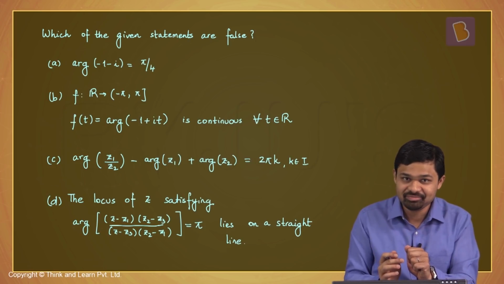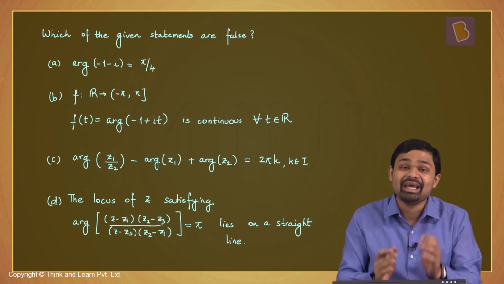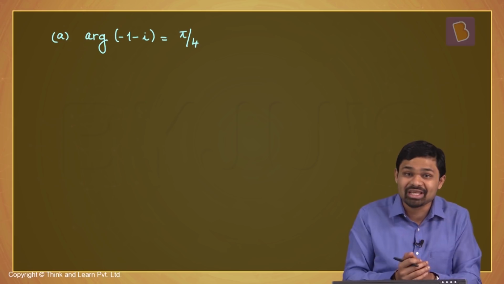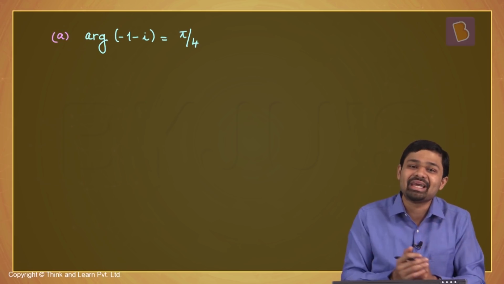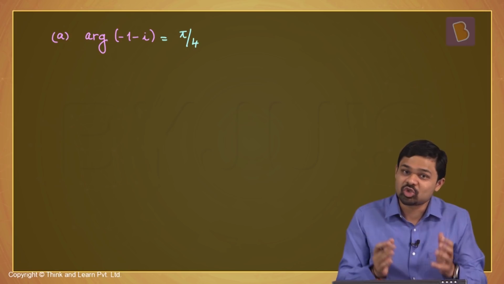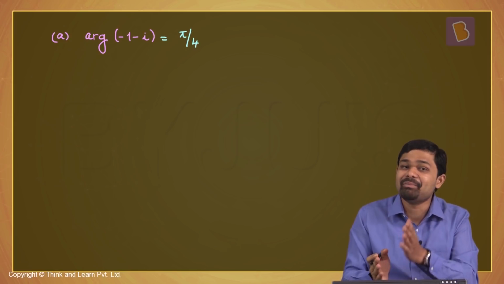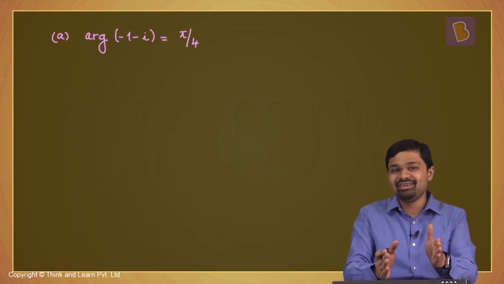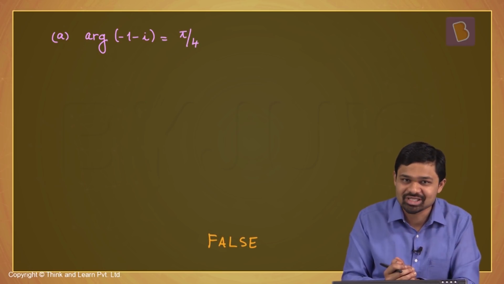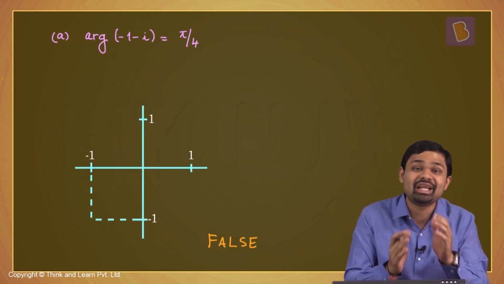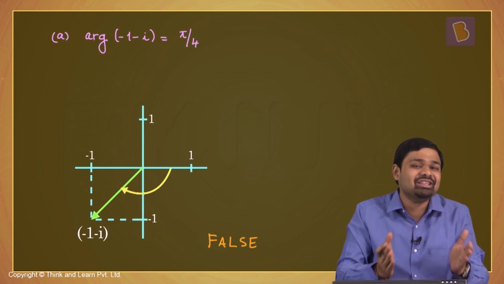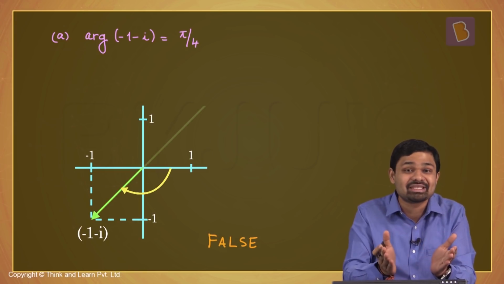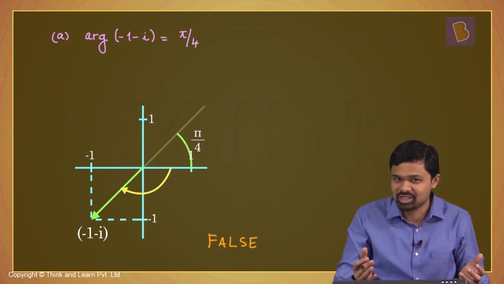In this question, the easiest option is option A, because they've asked us to check the argument of the complex number -1 minus i. The statement says that the argument of -1 minus i is equal to pi by 4, and I already know that this is false, because -1 minus i lies in the third quadrant, and pi by 4 is an argument for a complex number in the first quadrant, so it is false.